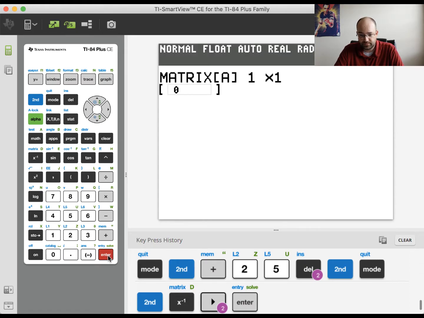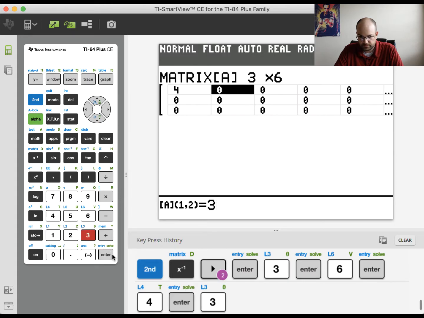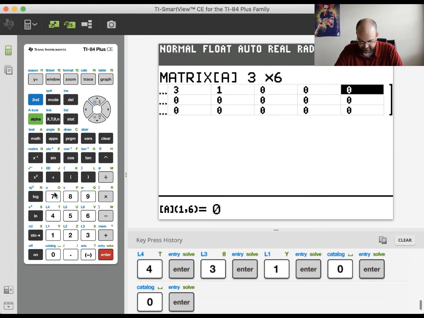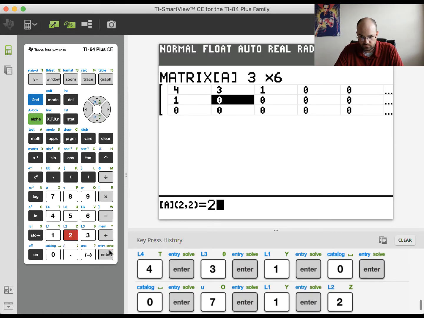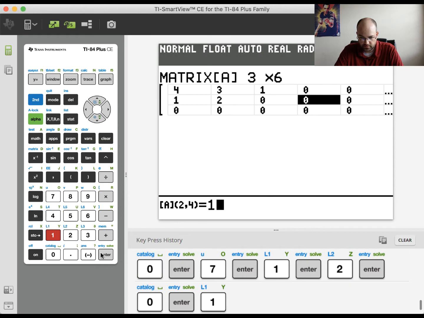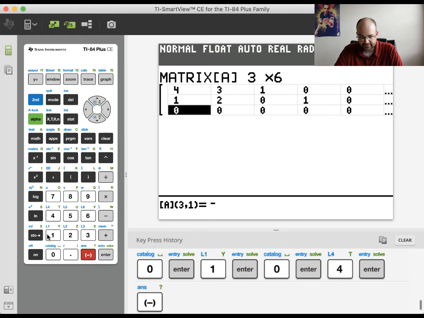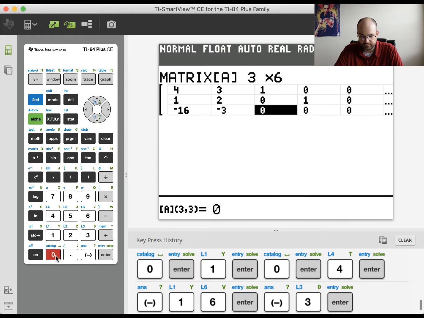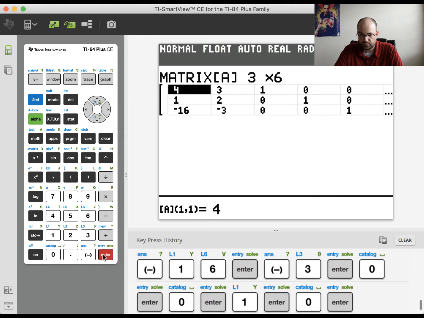Now, just type in our initial matrix, and it had a size of 3 by 6, and then we'll type this in. 4, 3, 1, 0, 0, 7, 1, 2, 0, 1, 0, 4, negative 16, negative 3, 0, 0, 1, 0. Good.